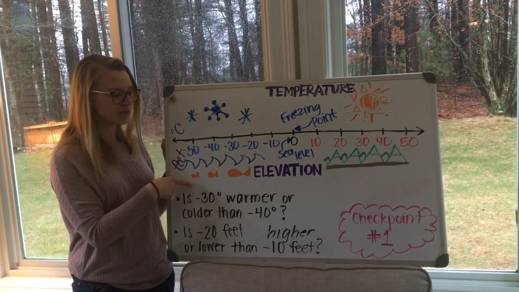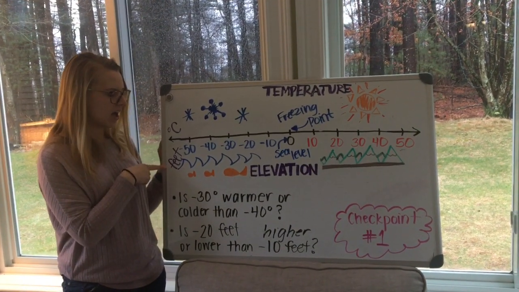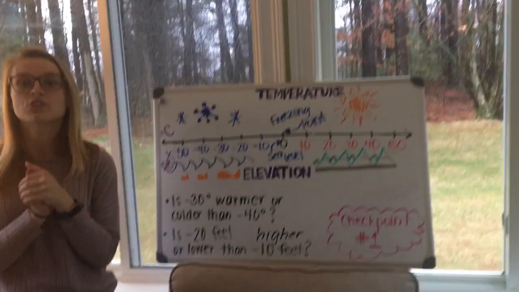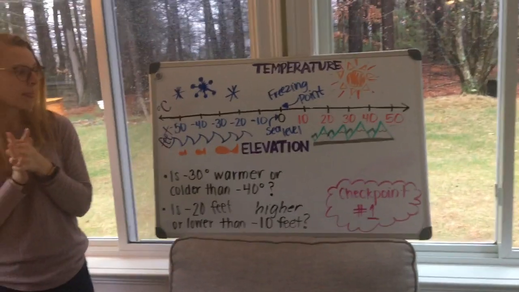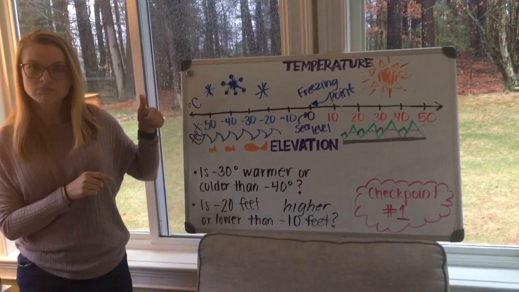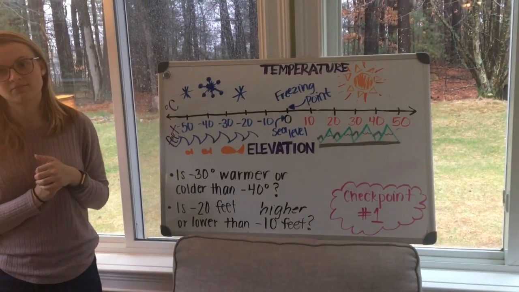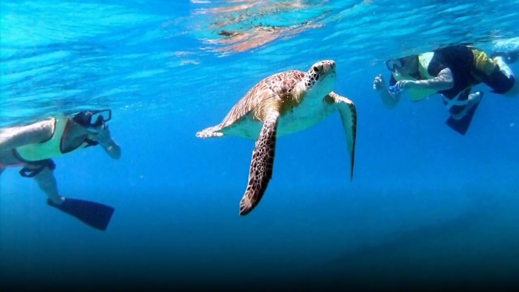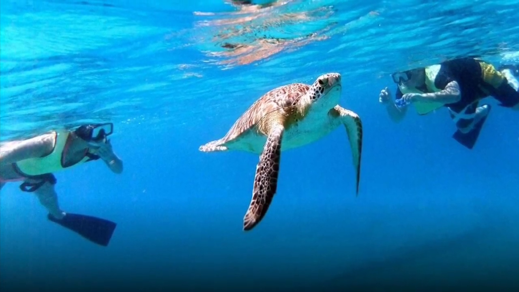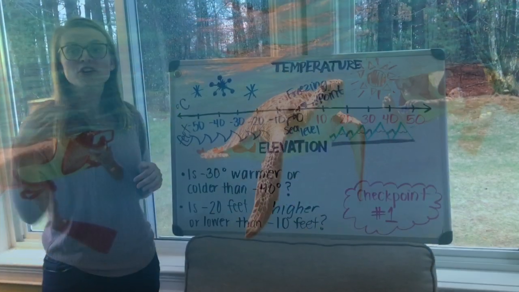So I drew the ocean with some fish. So I'm going to show a picture from St. John, which is an island really close to Puerto Rico, and you can see a sea turtle and people snorkeling. So the sea turtle is under the ocean.